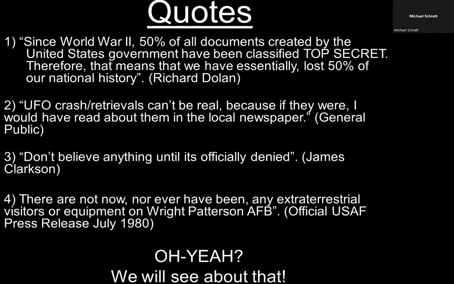A couple of quick quotes. Number one, since World War II, 50% of all documents created by the United States government have been classified top secret. Therefore, we have essentially lost 50% of our national history. That's true. This is by Richard Dolan. It's a very good quote. Number two, UFO crash retrievals can't be real because if they were, I would have read about it in the local newspapers.